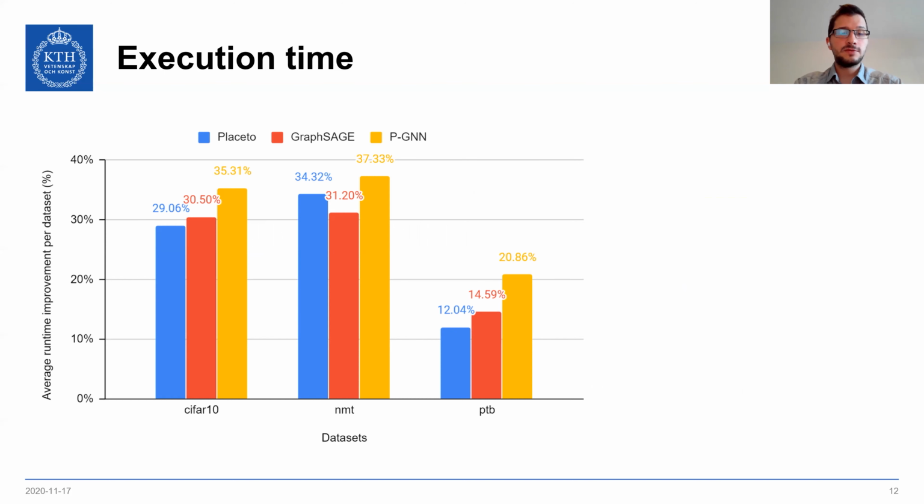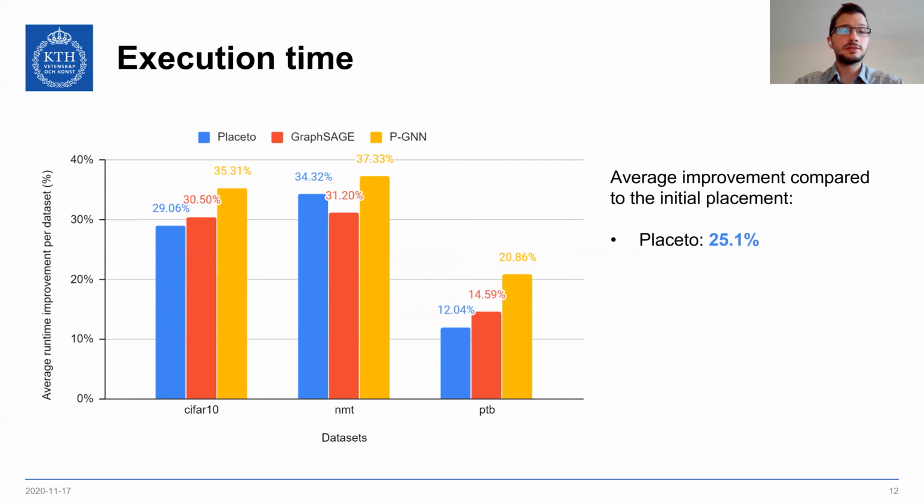We see that Placeto achieves a good result of 25.1% average from all data sets. GraphSAGE reaches a similar 25.4% execution time improvement. And lastly, we see that the added locality in PGNN has a positive impact on the execution time of placement policies, as it achieves the largest average improvement of 31.2% across all data sets.